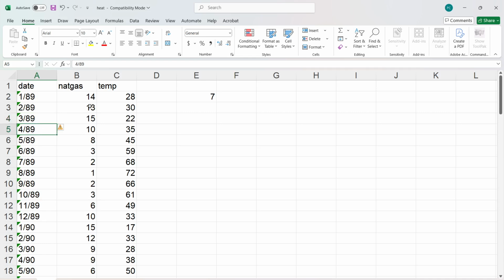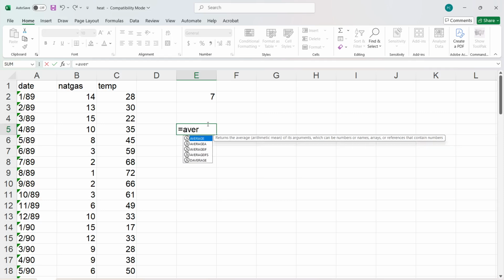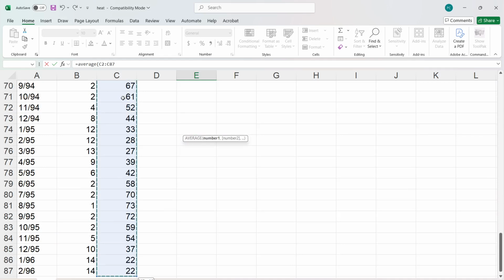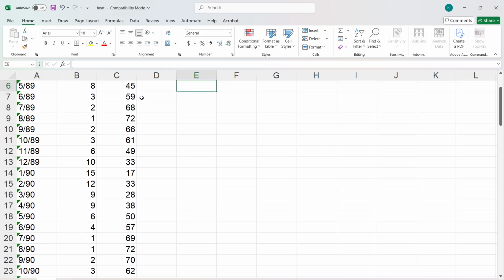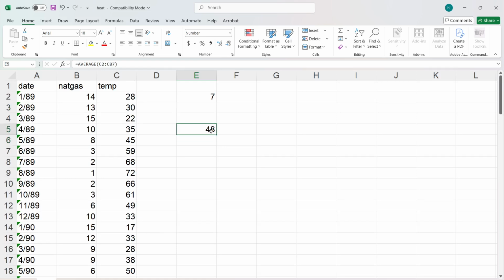So monthly data, natural gas, 14. Fair enough. What about the temperature? Average numbers over here. Average temperature. And the average temperature is 48.